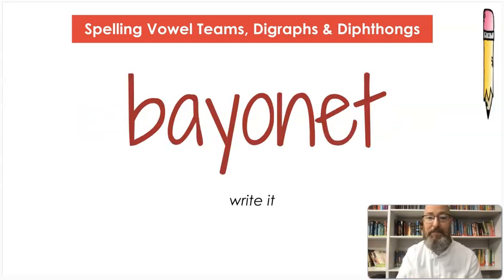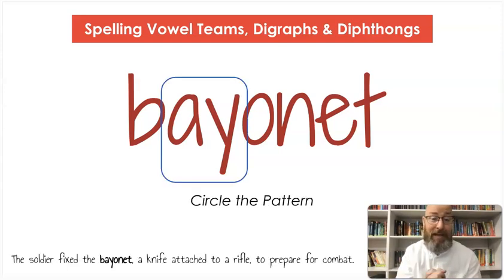And let's write it. B-A-Y-O-N-E-T. Look for that pattern. We have the A-Y. What sound does it make? A is correct. The soldier fixed the bayonet, a knife attached to a rifle, to prepare for combat.